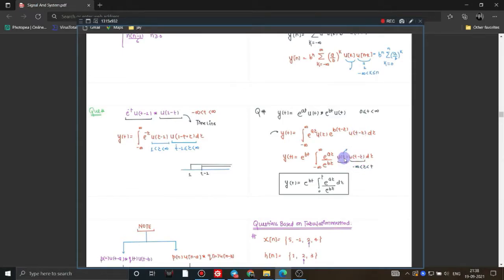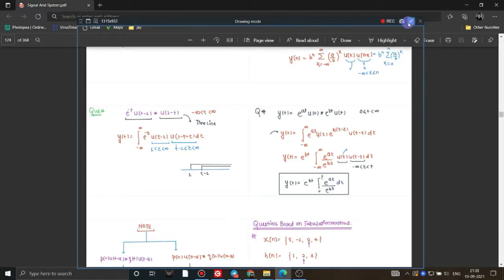The range of this u(tau) is from 0 to infinity, and this u(t minus tau) is from minus infinity to t. Because of this, the resultant range will be from 0 to t. This is e power bt times the integration from 0 to t of e power a tau divided by e power b tau.